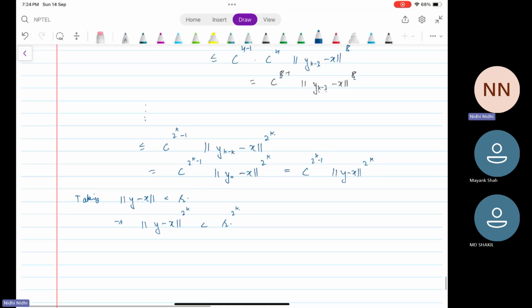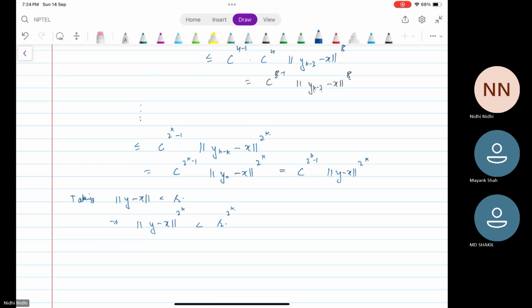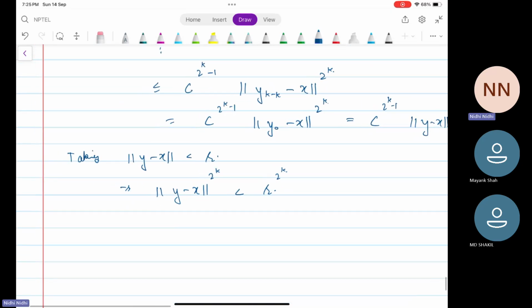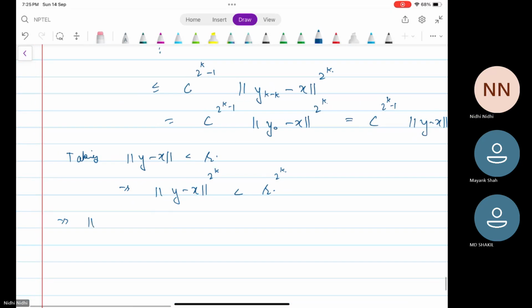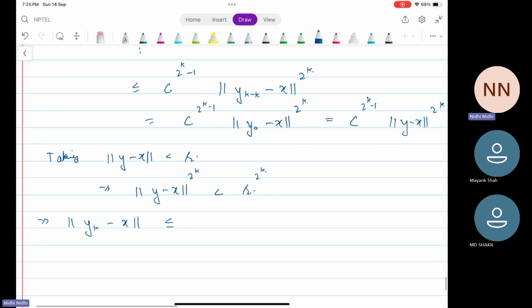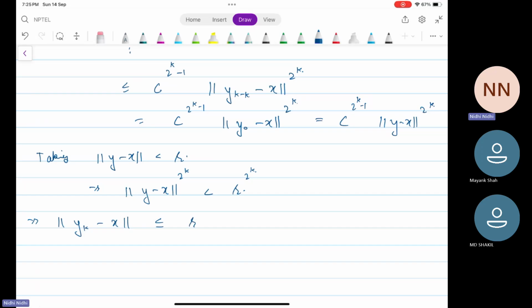Should be something minus 1. From here, we'll get from yk minus x, this is less than or equal to c to the power 2 to the power k on c, because we have minus 1 also.